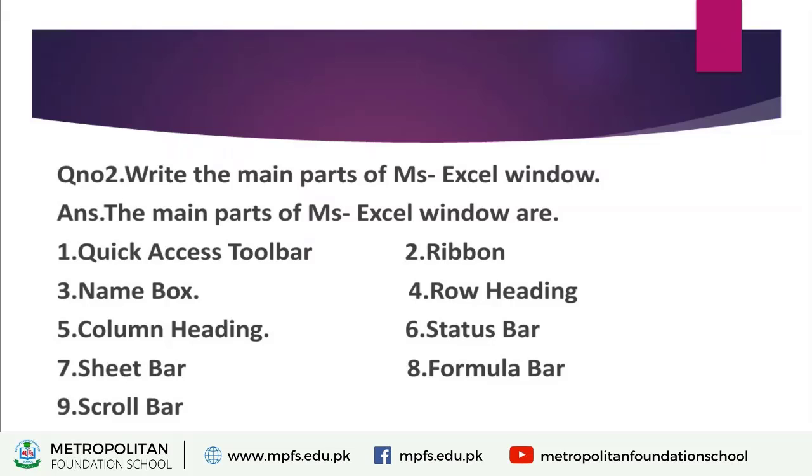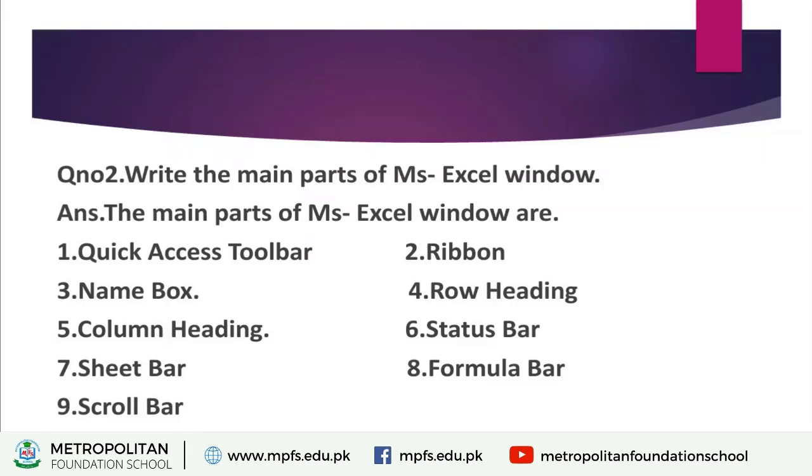Number 2, ribbon. The ribbon is the strip of tabs and various options located above the work area. Some of the tabs are File, Home and View. Each tab contains a number of related tools and options.